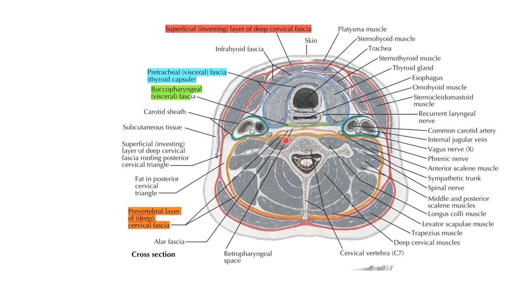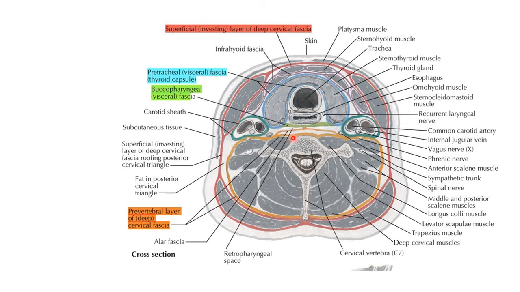There is another space which is behind the prevertebral fascia and in front of the vertebral bodies. This is called the prevertebral space.